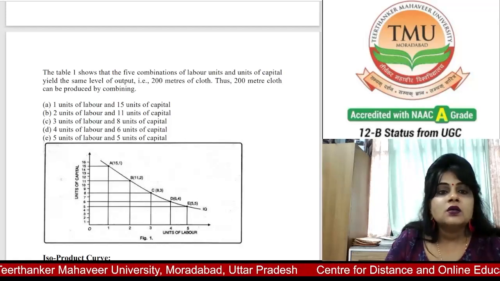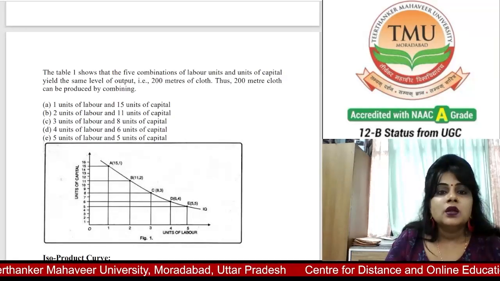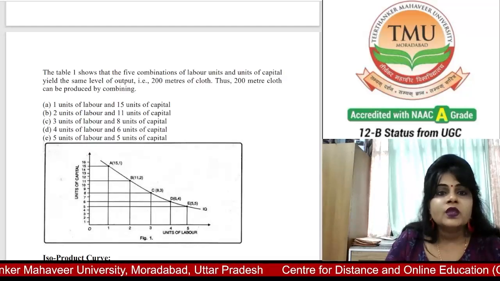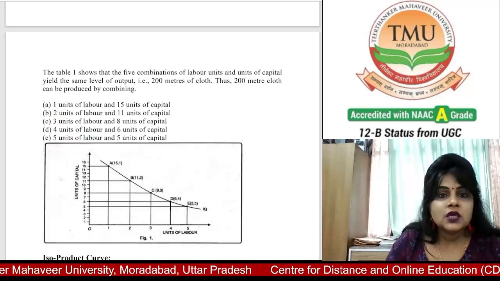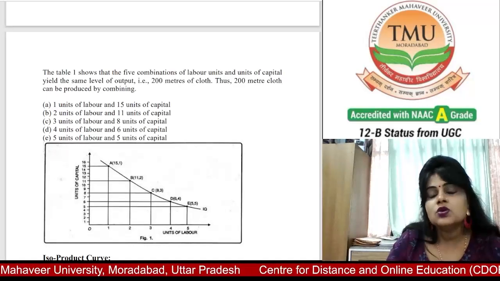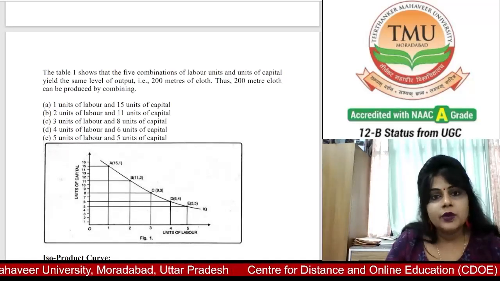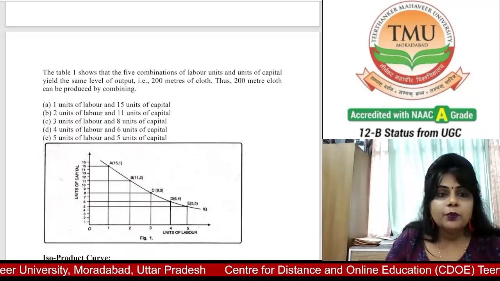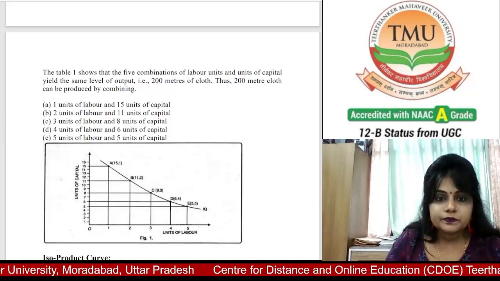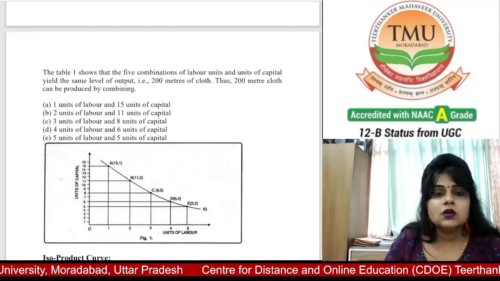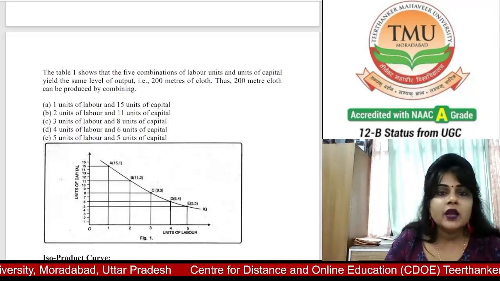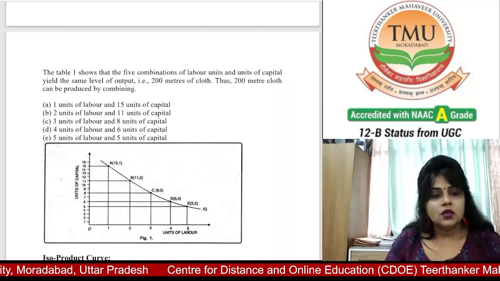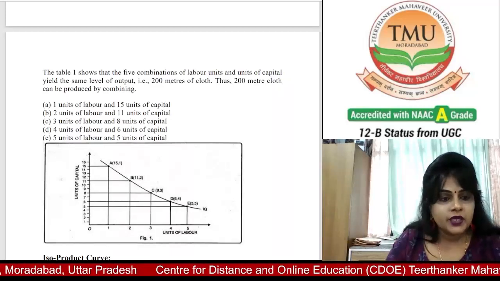At point D, the producer takes 4 units of labor and 6 units of capital, and he also got the same level of output, 200 meters. At point E, the producer uses 5 units of labor and 5 units of capital, and he got 200 meters of production.